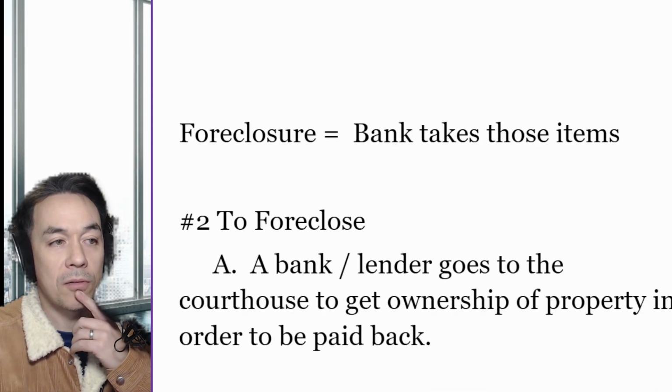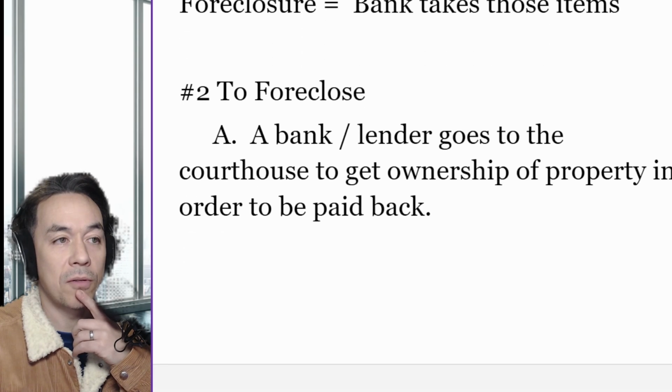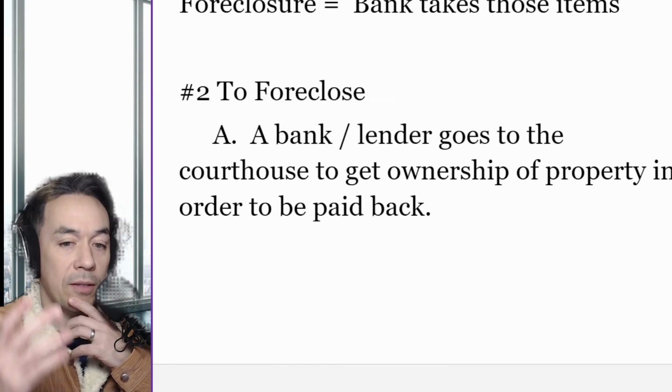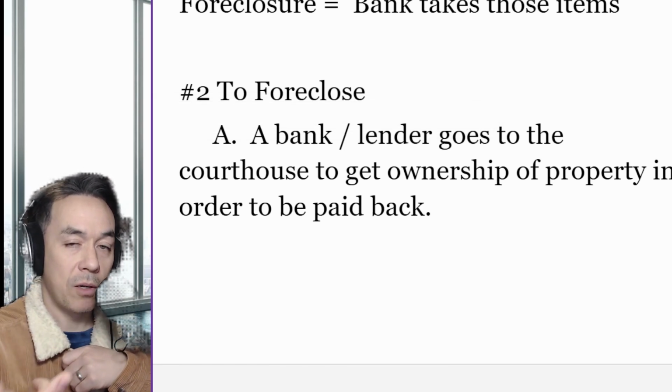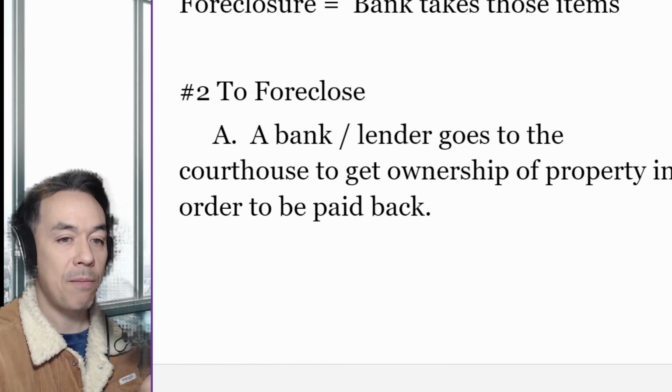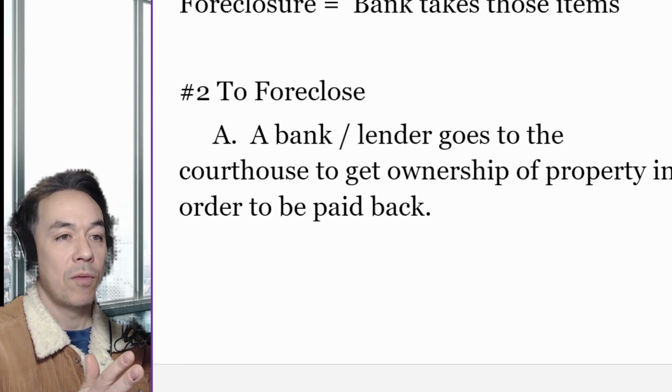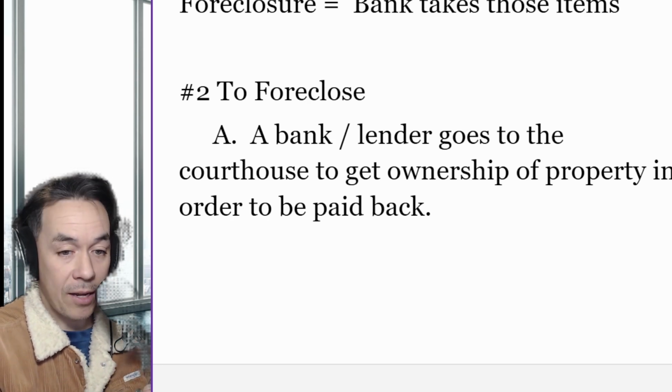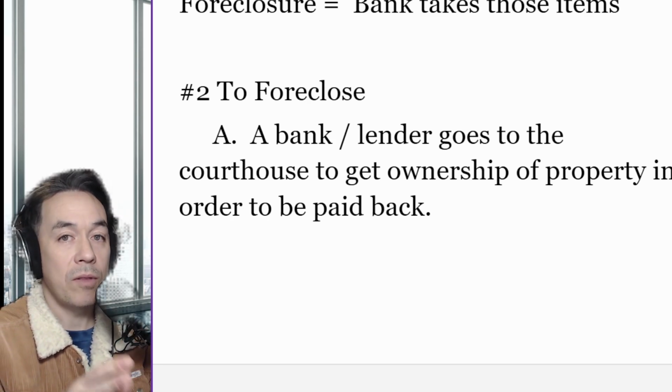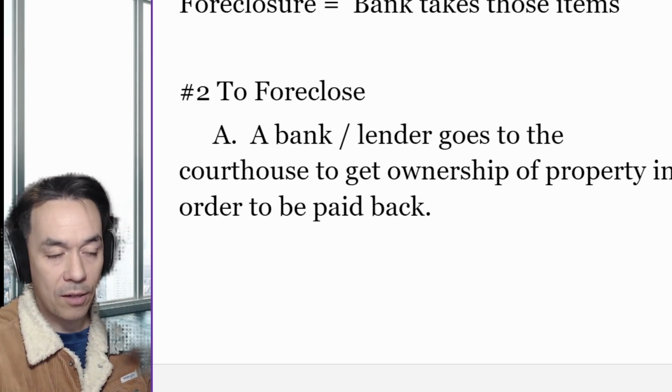Let's see. Now let's go to this one. Foreclosure. Bank takes those items. So to foreclose, usually a bank or a lender, somebody who said those items will come to me if you don't pay me back, or run away or something. Then I can get these items in a contract or in an agreement.